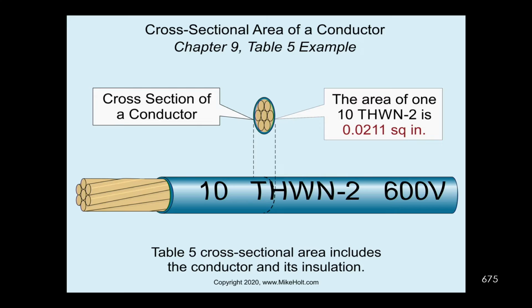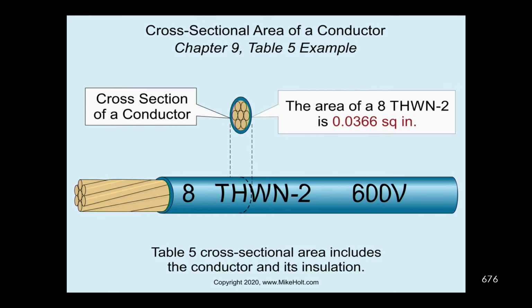Our cross-sectional area is expressed in circular mils, or in this case, we're going to use square inch area, because that's going to include our insulation. So that's what we're going to do for our voltage drop calculation.